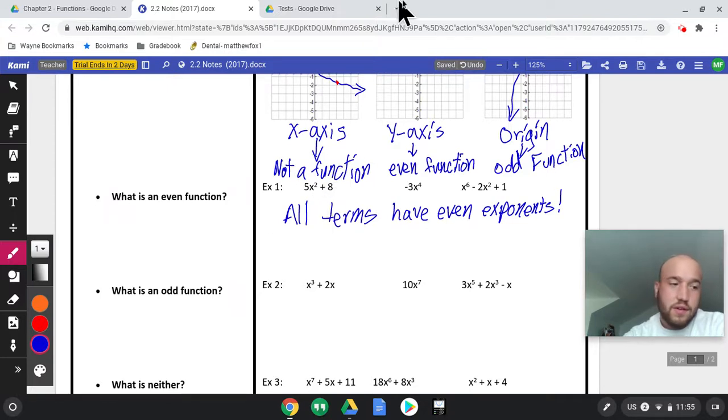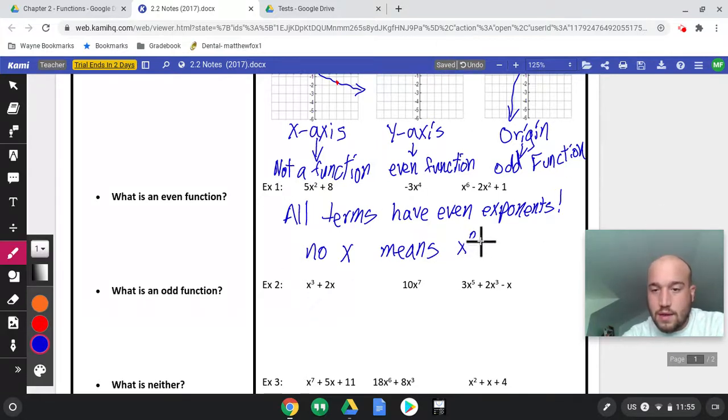This 8, I know it doesn't have an exponent, but technically, if it has no x, it is the same as x to the 0 power, okay? Which for this, we're going to consider as even, because it's 2 away from an even. This next one, x to the 4th, that's an even term.